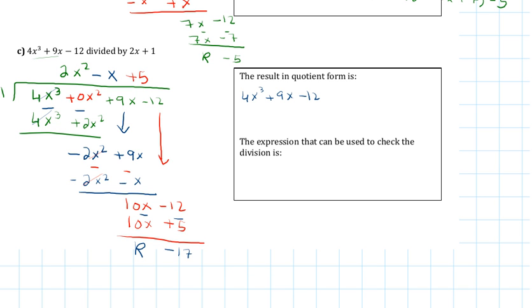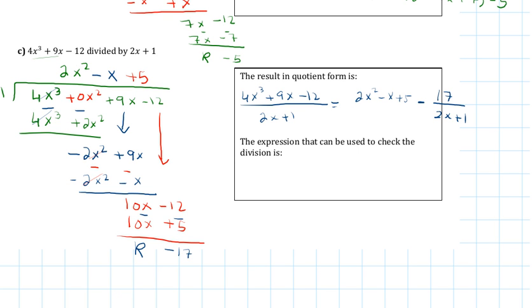Writing the forms. When you're writing the forms, you can write it as just 4x cubed plus 9x minus 12, you don't need to include the 0 term, divided by 2x plus 1 equals 2x squared minus x plus 5 plus the remainder, or minus, because in this case the remainder is negative, over 2x plus 1.